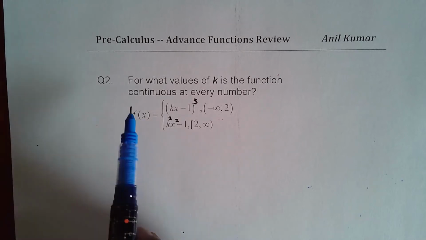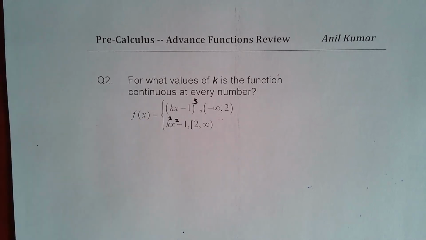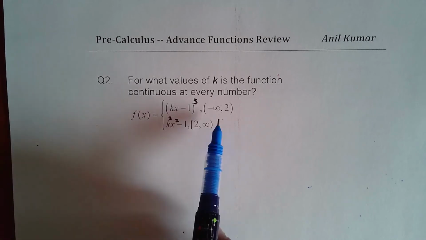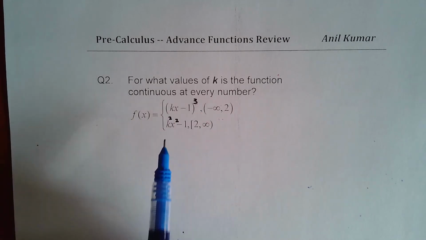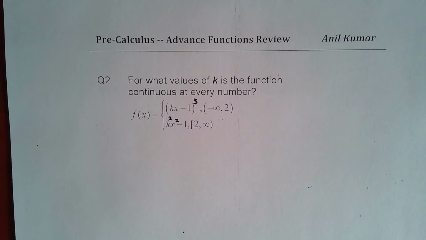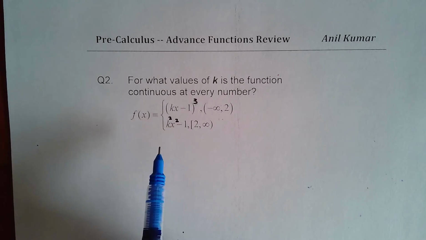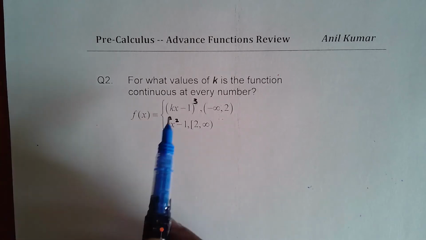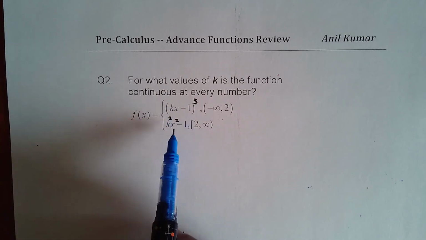For what values of k is the function continuous at every number? f of x equals (kx minus 1) whole cube when x is less than 2, and is equal to k squared x squared minus 1 when x is greater than or equal to 2. Now as you can see, each part is continuous in itself, right?